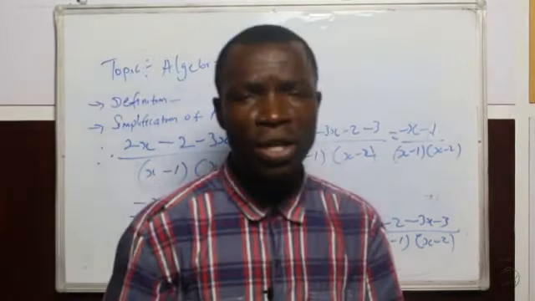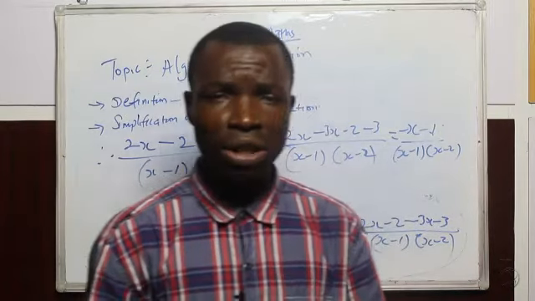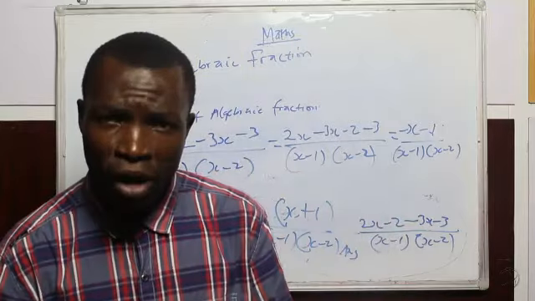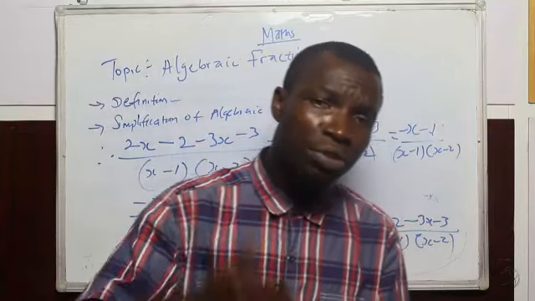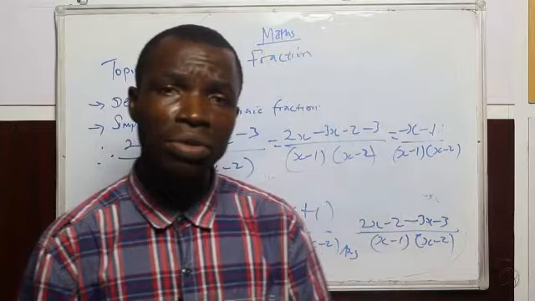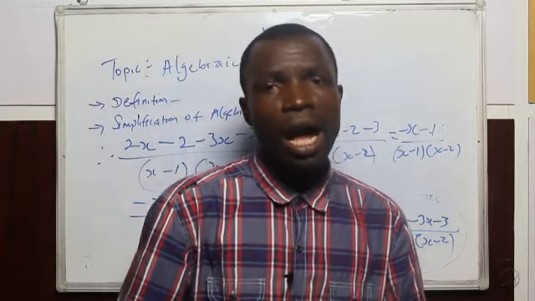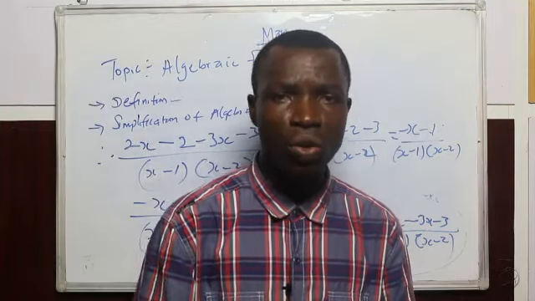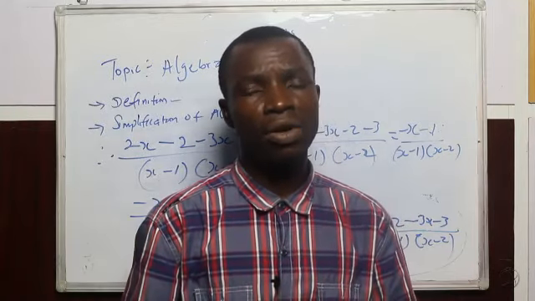I'm confident that you understood these algebraic fractions by reducing them to the lowest term, because in simplifying algebraic fractions, we have to reduce the denominator to the reduced form. I would like to give you an evaluation to test your understanding of these algebraic fractions.